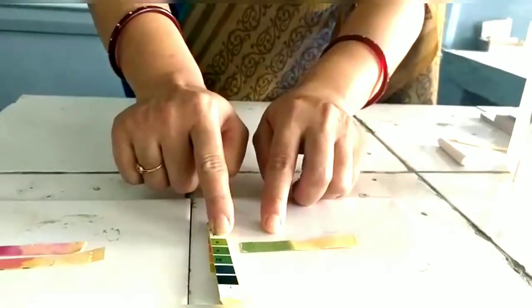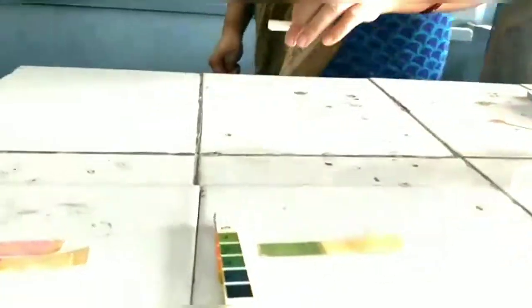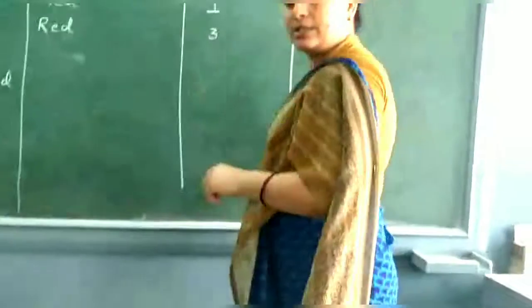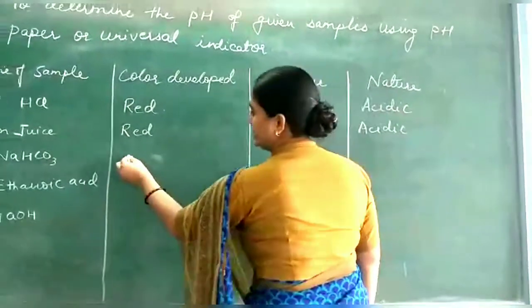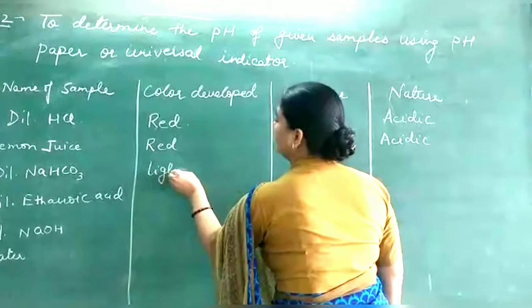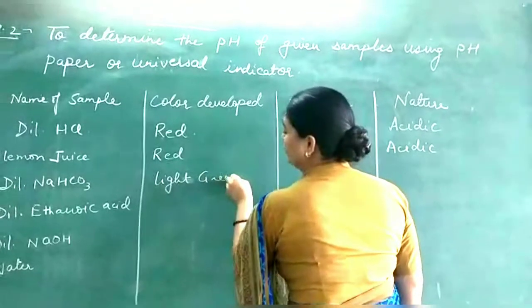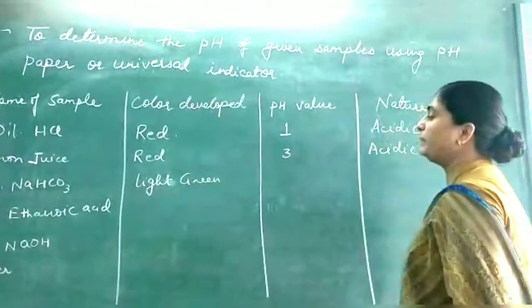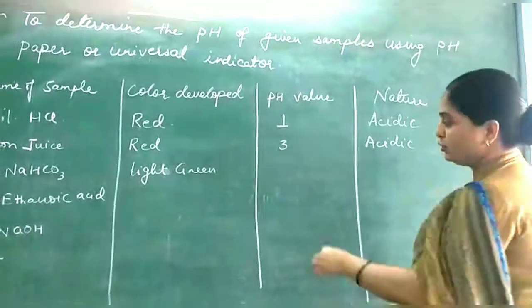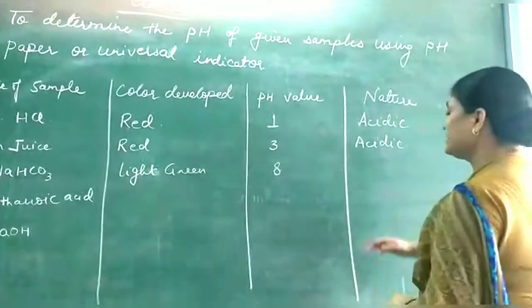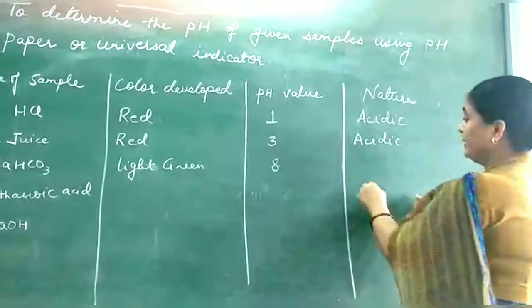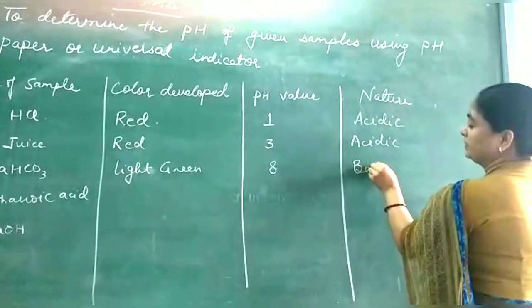The color is visible, it is 8. So I'll write on the board that this dilute sodium bicarbonate shows light green color on the universal indicator paper, and its pH comes out to be 8. And since it is greater than 7, its nature is basic.